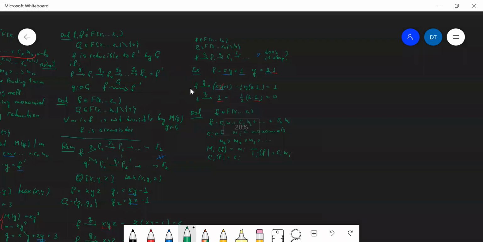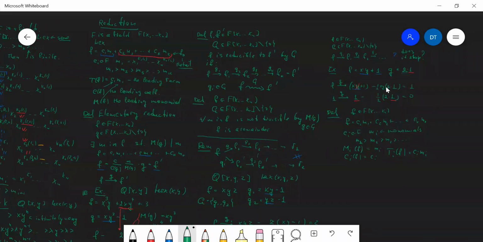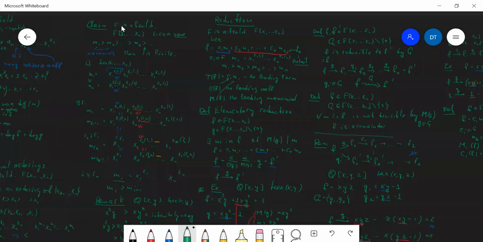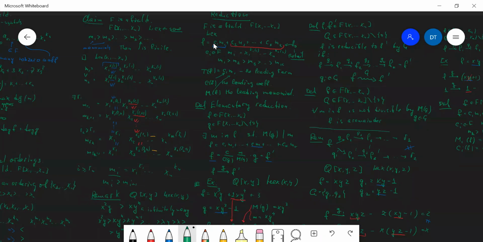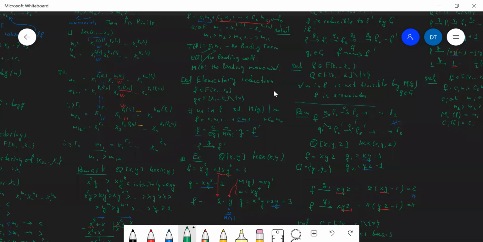So let me summarize what happened here. We consider the ring of polynomials in several variables. Then we fixed a lexicographical order, and it allows us to order monomials of any polynomial. It defines a leading term in any polynomial and a tail, and using this we define a procedure which is analogous to the procedure of division when we deal with polynomials in one variable.